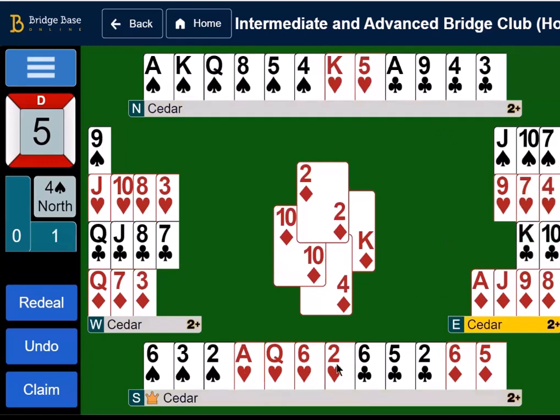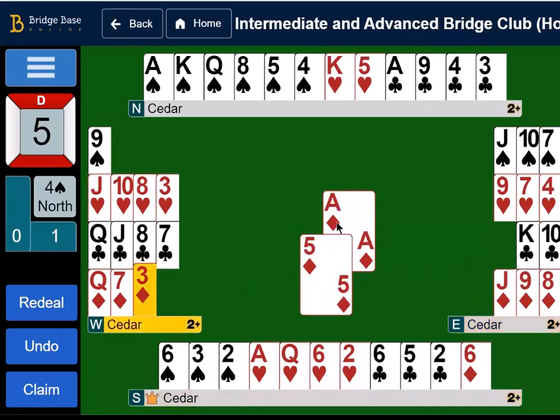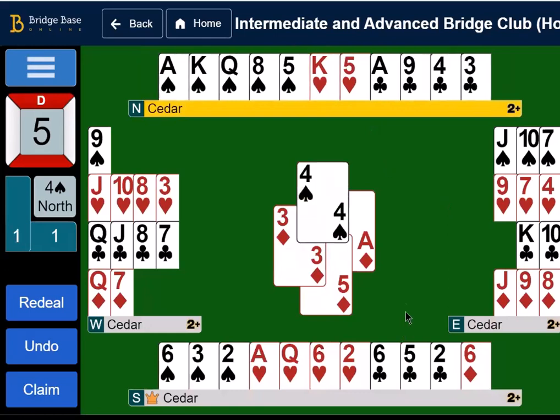I don't particularly want to play the hearts either. Should I lead a spade? No, because there's no roughs in dummy that are likely to happen. It's not like the declarer is going to start roughing diamonds in the dummy. So I would probably just continue with another diamond, and let's see whether the declarer can do whatever we want to do.